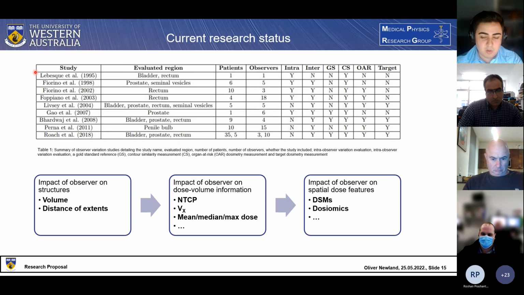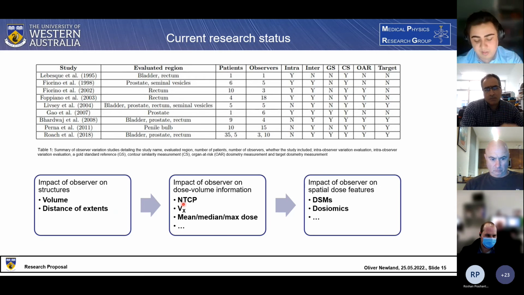To finish up, I've included a table of some similar interobserver effects studies ranging back a few decades. I just thought I'd illustrate the progression of the research in this area. It started off mainly looking at the structures, comparing between the volumes or the extents of the structures. But the problem with that is there's no real clinical relevance there.